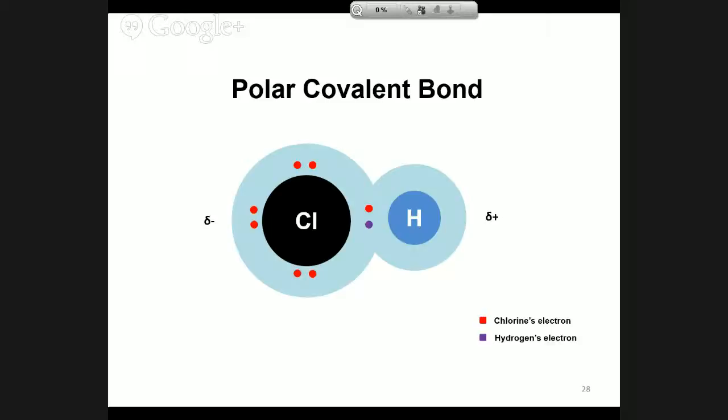But for the sake of comparing these two, we have 17 protons versus 1 proton, and not a whole lot of distance on either side. A little bit more distance on the chlorine atom side than on the hydrogen atom side, but still the overwhelming positive charge here is going to attract those electrons. And since the electrons are attracted to this side, it gives the chlorine side a partial negative charge.